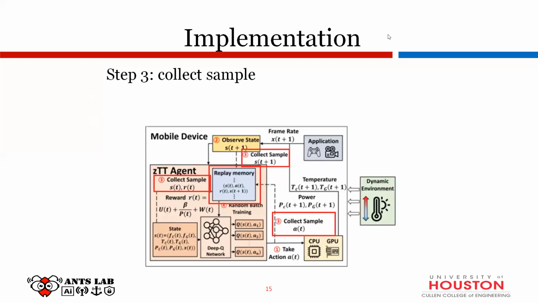The third step is to collect the samples with the zTT agent. They will collect ST and reward, the state, the state after that, ST+1, and the action. They will collect these samples and save them in the replay memory.